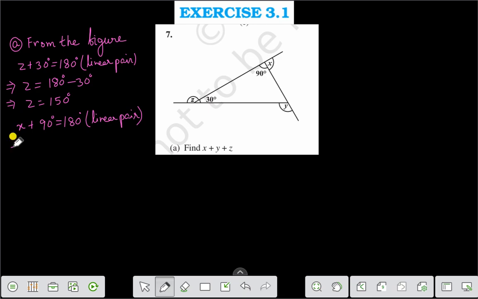Therefore, we are getting the value of x is equal to 180 degree minus 90 degree. So here we are finding the value of x is equal to 90 degree, right?